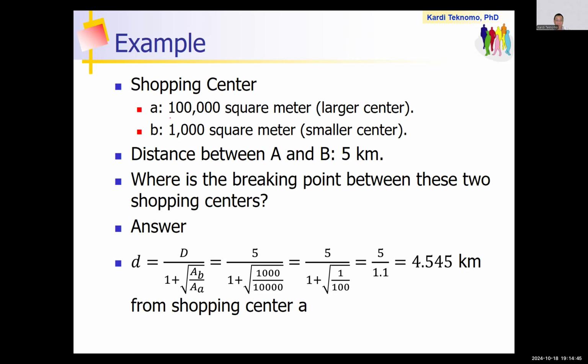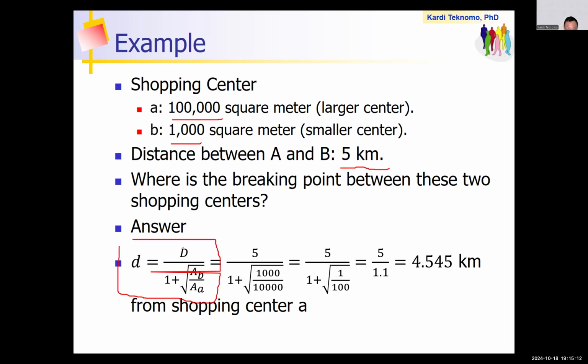One is 100,000 square meters, the other one is only 1,000. So this is the small center, and the other one is big, and the distance is 5 kilometers. So what is the breaking point? You just plug into the formula.